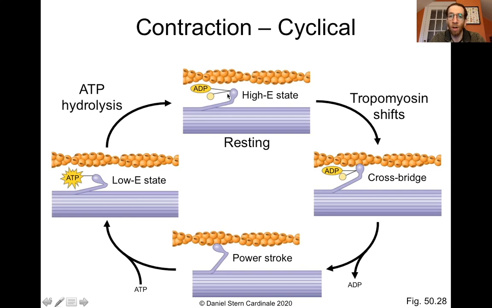Now all the potential energy is in that high energy state, and that allows it to form the cross bridge and do the power stroke. At this point, we've discharged that potential energy. We've used the potential energy to accomplish that shift in position of the two fibers relative to each other, and then we can associate with another ATP, and now we're going to add more energy to the system to be able to do it again.